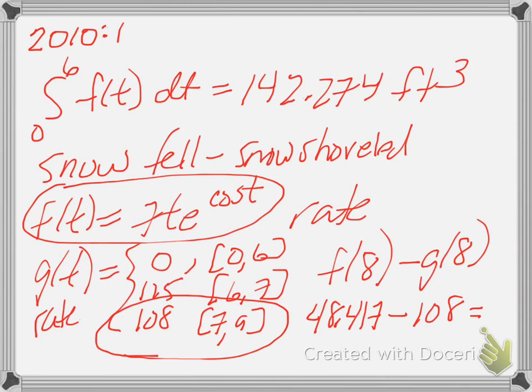When you subtract those, you get negative 59.583 feet cubed per hour. It's negative, and that would make sense because that's the rate of the snow, which is then slowing down at that point. Now we're going to go to part C.